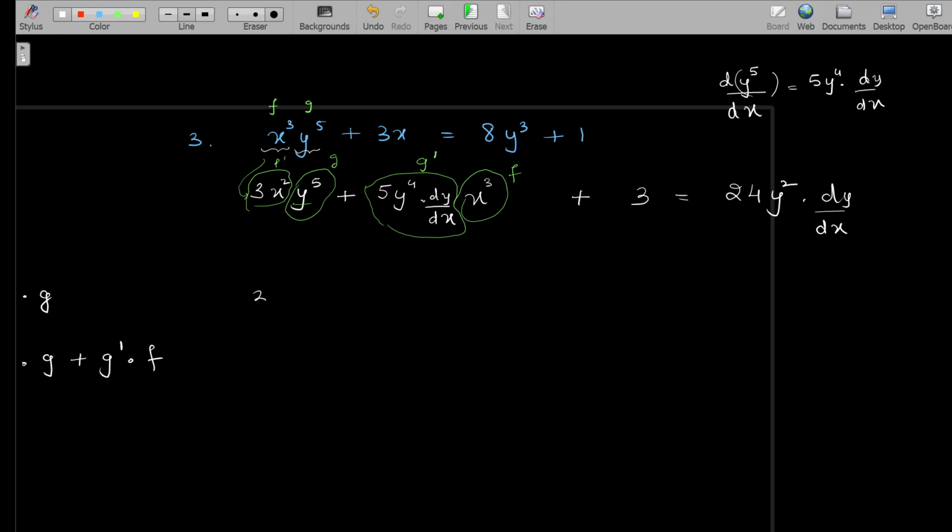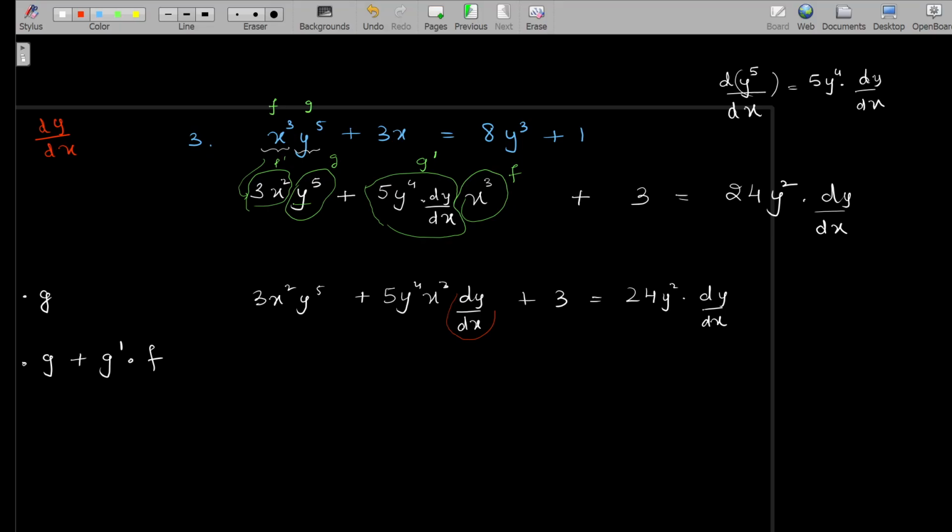Now let's write this properly. So that you have 3x square y raised to 5 plus 5y raised to 4 times x cube times dy over dx plus 3 equals 24y square times dy over dx. And our answer will be the value of dy over dx, because that's what we are trying to find out. We are differentiating the function y with respect to x, so we need to isolate dy over dx.